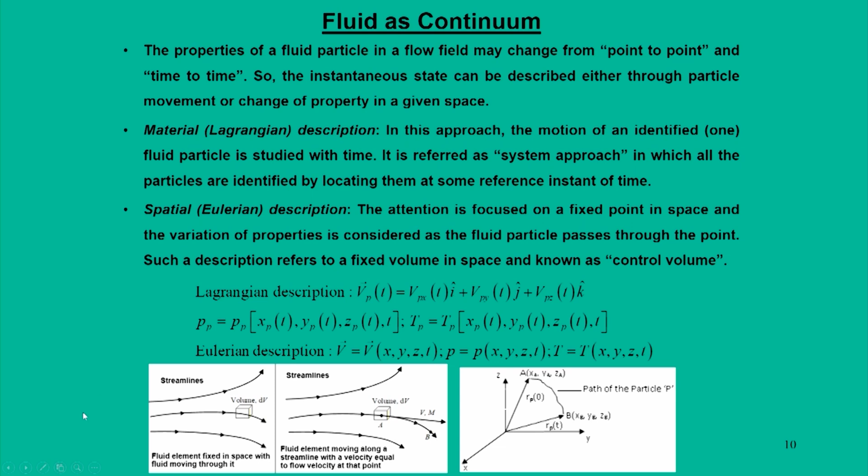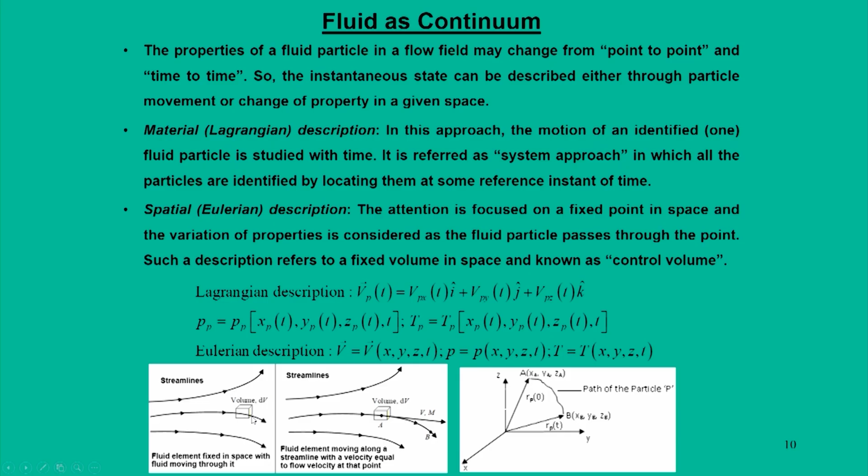Now, moving on with the fluid as a continuum, we view the fluid in terms of streamlines, and the streamline pattern can be drawn at any point in a flow field. In a flow field, there can be an infinite number of streamlines. As an observer, you can look at the fluid element in two different ways along the streamline.